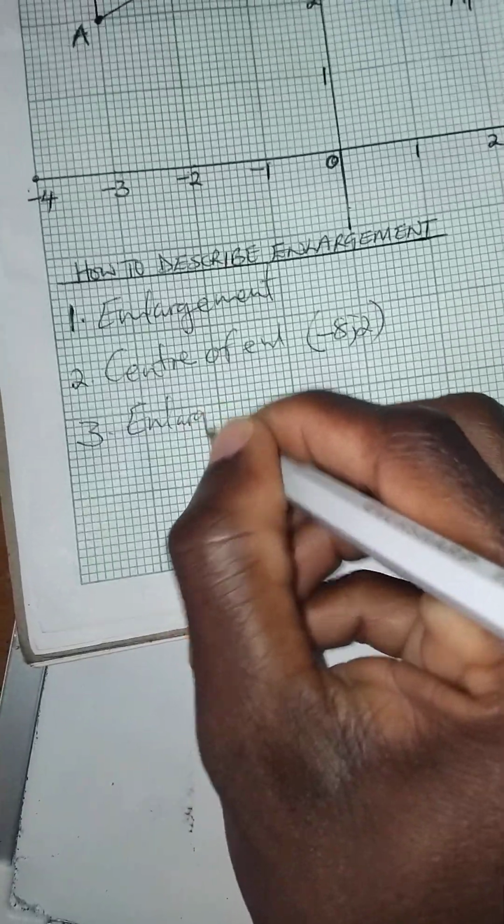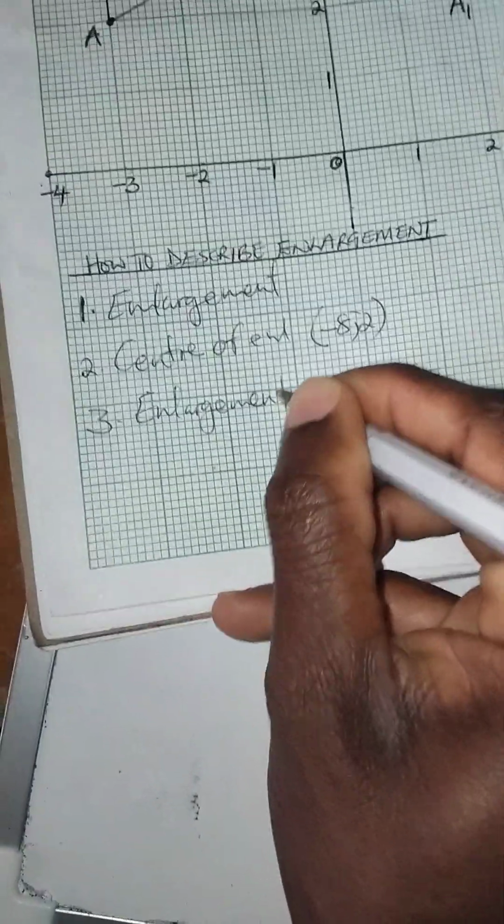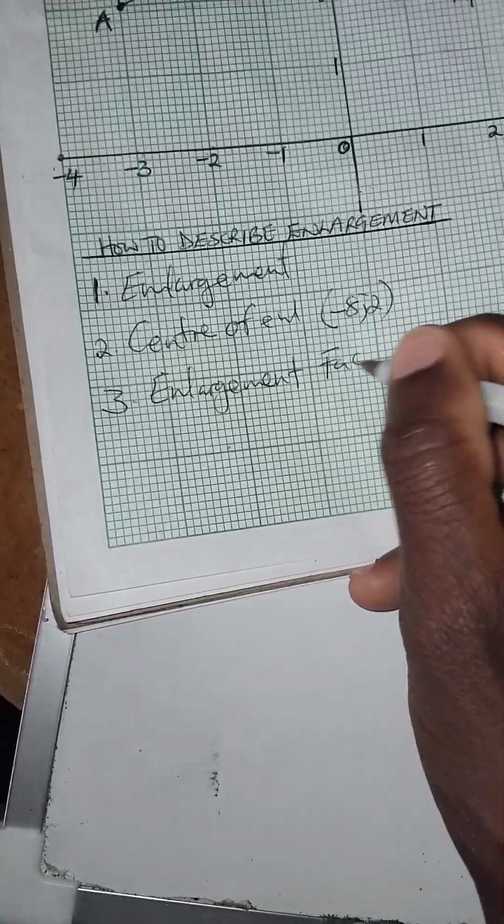Then number 3, the enlargement factor. How do we find the enlargement factor? We look for it using one side.